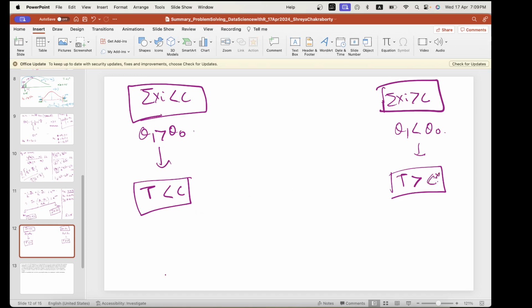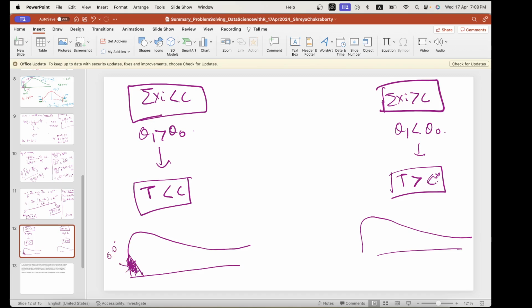Okay. So here what will you do? Here you have a positively skewed distribution. So if theta 1 is greater than theta naught, then this area is your 0.05. This will be given from the tables.